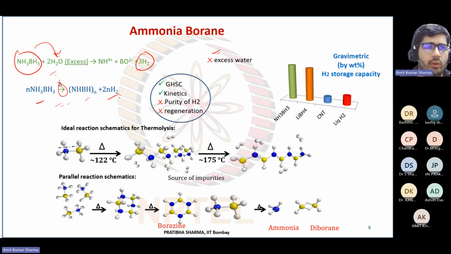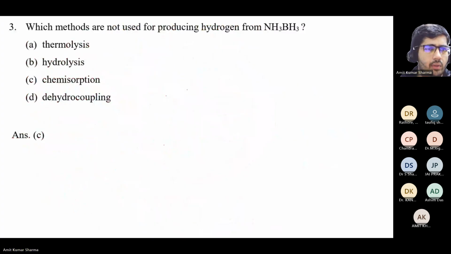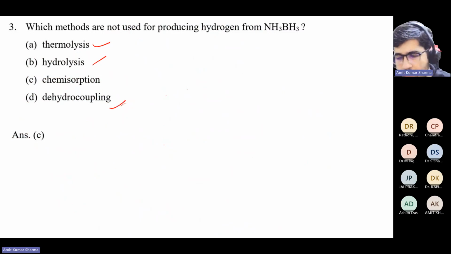So you can say it's hydrolysis. Then if you go to the question, we can see hydrolysis, we can see thermolysis with temperature, and we have also seen dehydrocoupling. So there are some changes in the bond and release of hydrogen, but you have not seen as of now the chemistry option. So the answer is C.